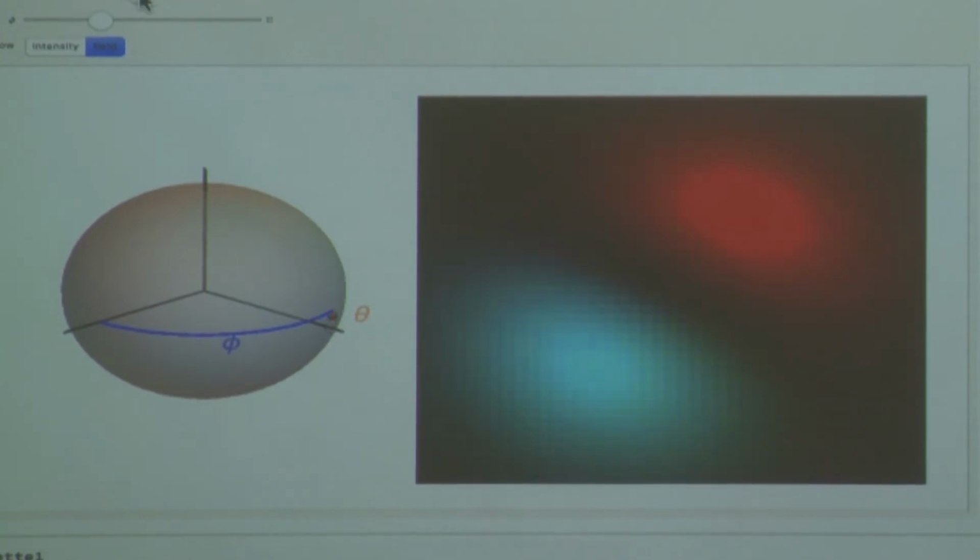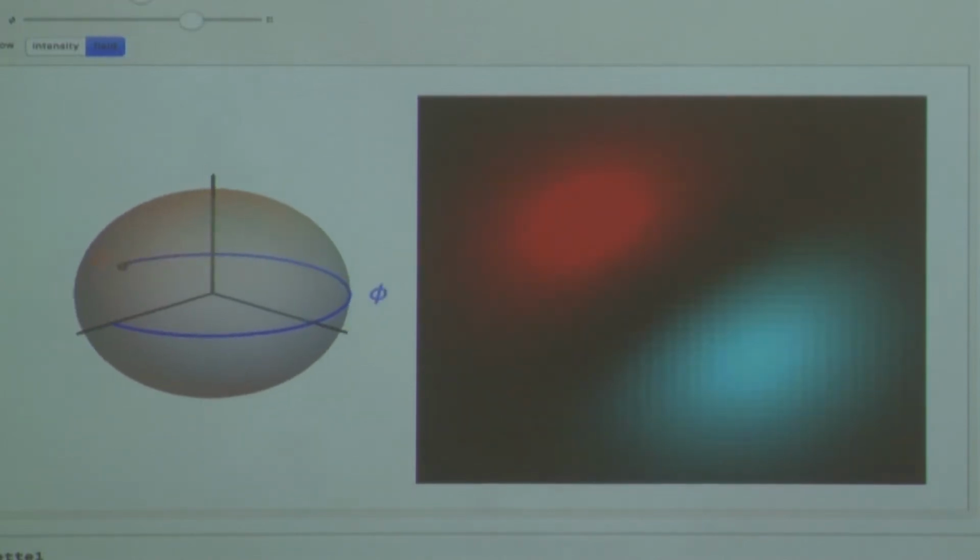So things with two lobes are Hermite Gaussians, they're like linear polarizations, and they can have different orientations. So that was, to my knowledge, the first connection between this Poincare idea and the structure of a beam.